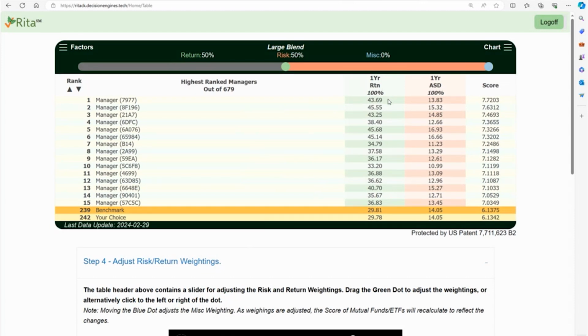Okay. Now you change that by removing one of those columns. So now I've got a different number in 1 year return. That's fine. But now it's 13.83% more than 43.69 or 13.83 below 43.69.